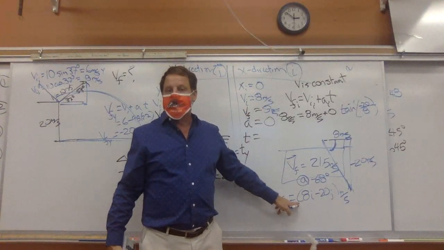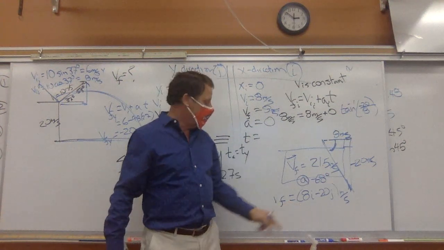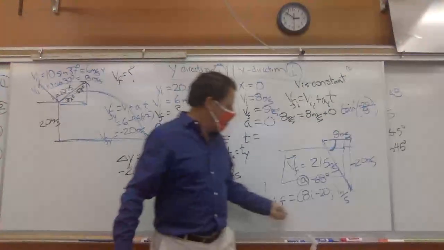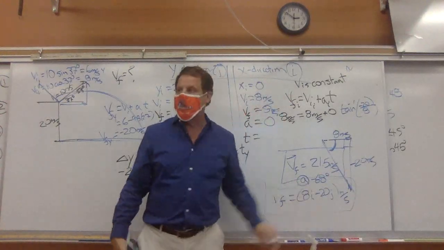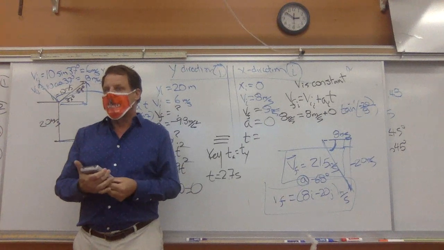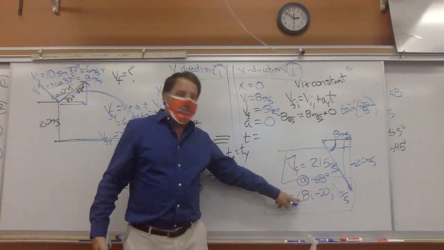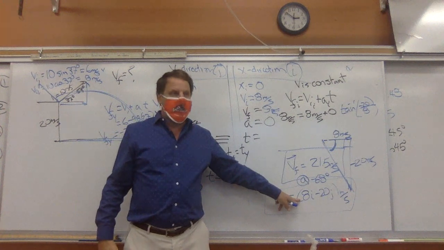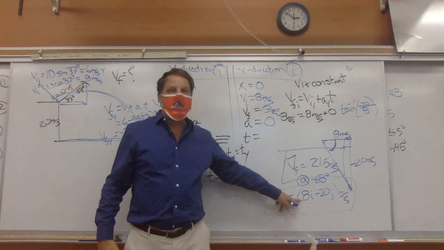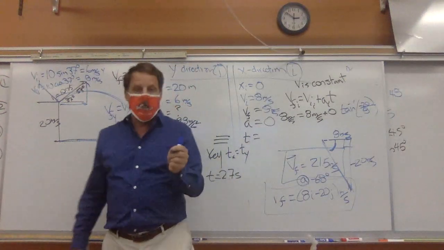Now, if we put it in our I and J format, or our component format, then we can just say it is positive 8, negative 20, I and J respectively. And we could quickly solve for the magnitude, which would have been 21.5, and we could have solved for the angle like we did.